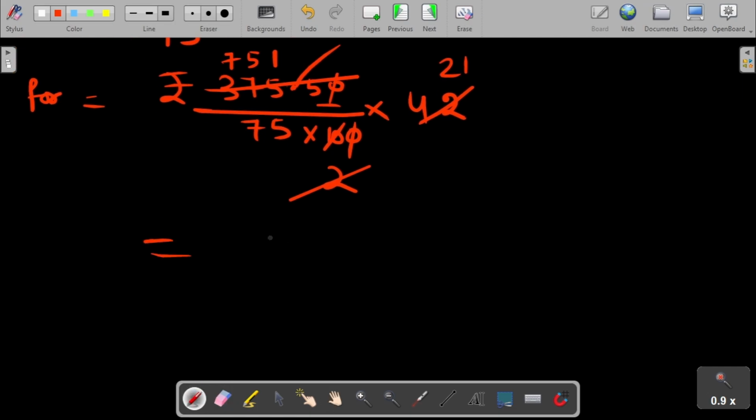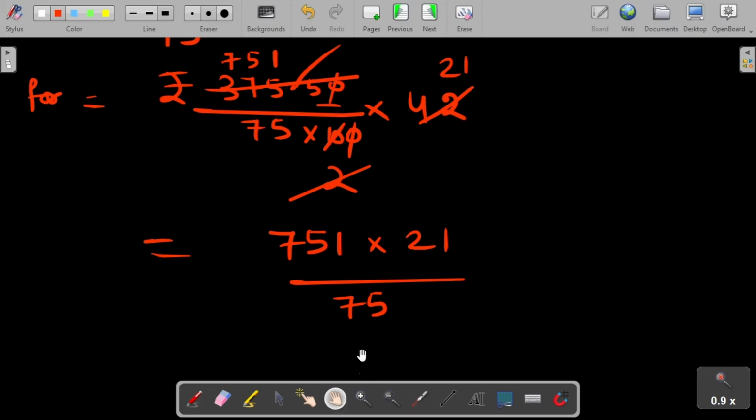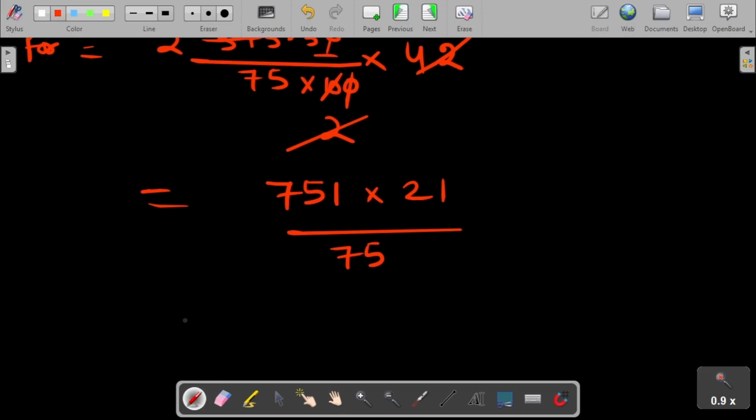So this is equal to 751 multiplied with 21 and divided by 75. See here, this also divide with 3 and this also divide with 3. So 3 twos are 6, 3 twos are 6, 5 threes are 15, 25 into 3, and 3 sevens are 21.